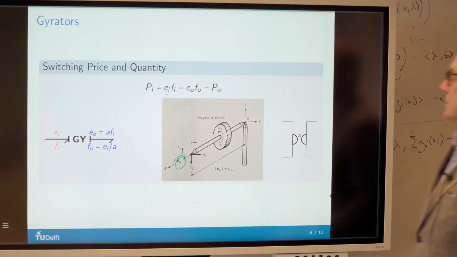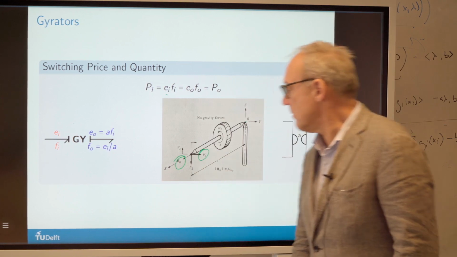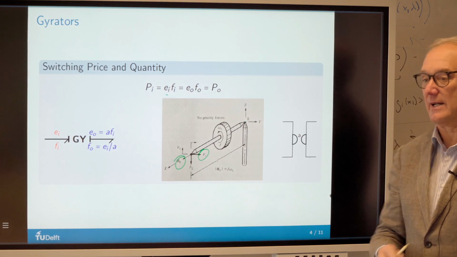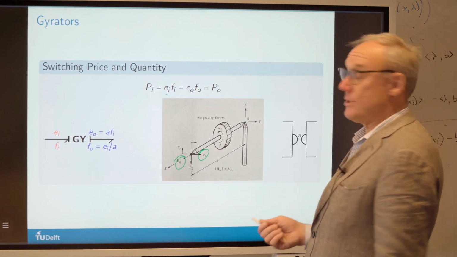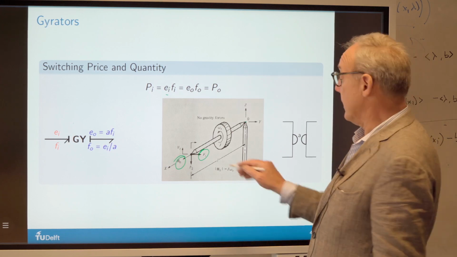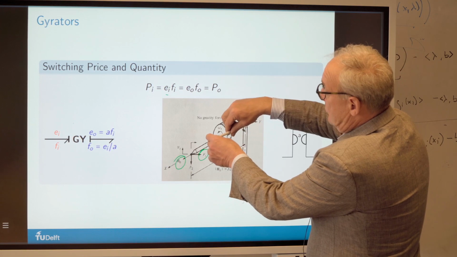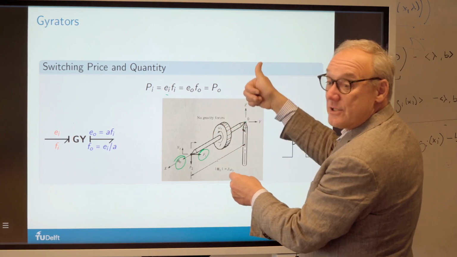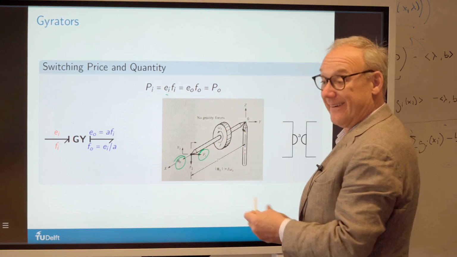Now suppose what you do, so this is the input force. You put this input force in this direction, right? What's going to happen, the angular momentum is going to change. Because by putting this force in, you're going to end up putting a torque in this direction. So you're going to change the total angular momentum in this direction, right?